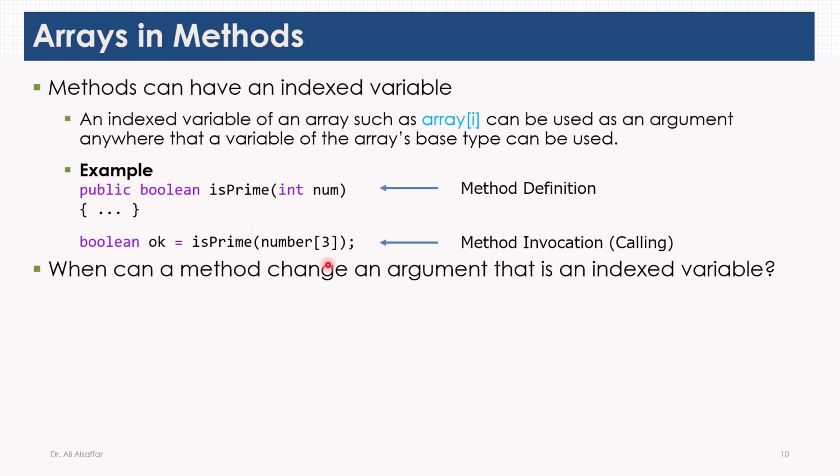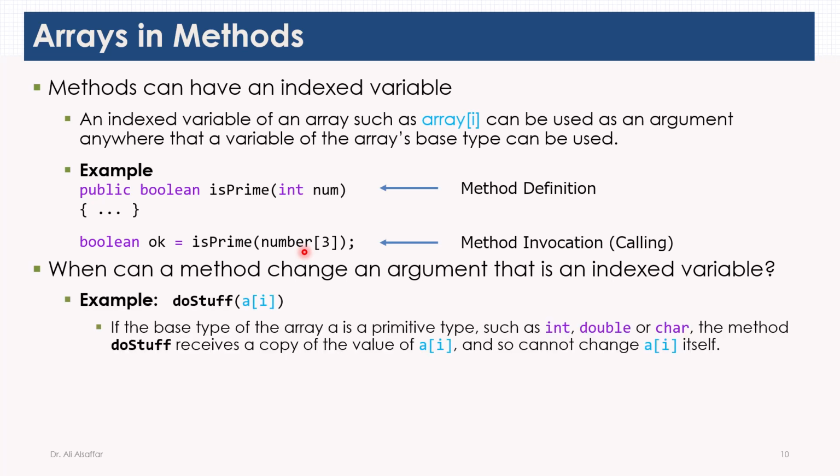Remember when I said that when we call the method, a copy of number[3] is given to num. What does that mean? It means that if the copy changes inside the method, then the original value will not be changed, with some exceptions which we will discuss in a moment.